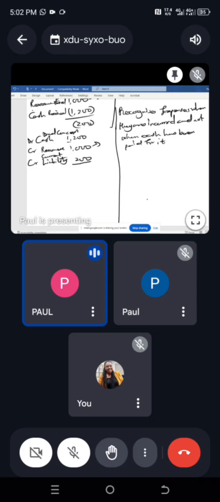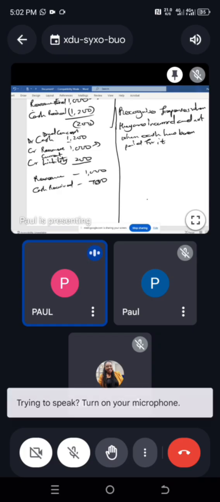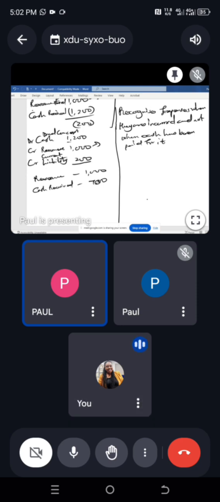Now, let me give you another scenario. What if you were supposed to receive revenue of 1,000, but the cash received was, let's say, 700. What does it mean? Your employer owes you 300 cedis.